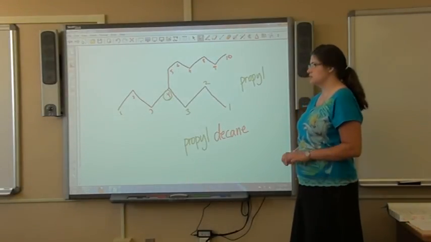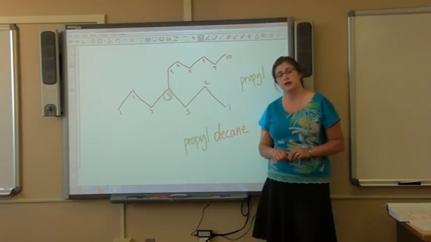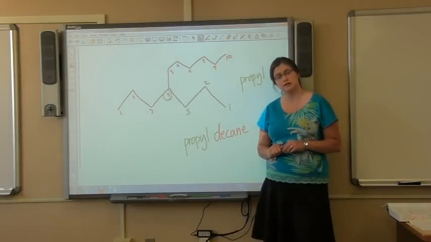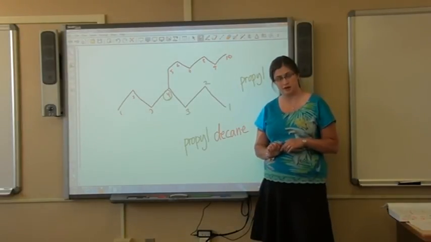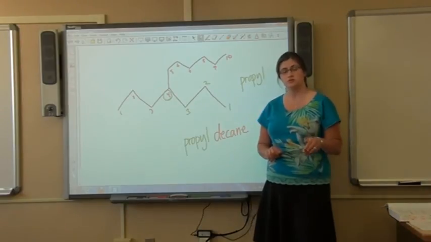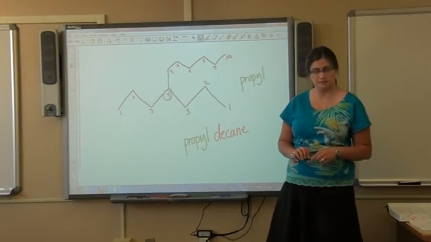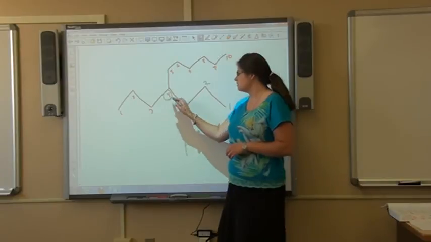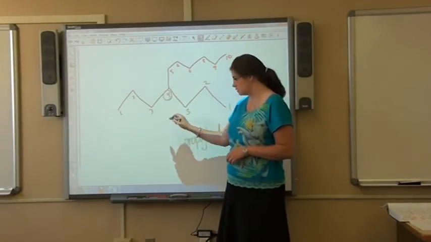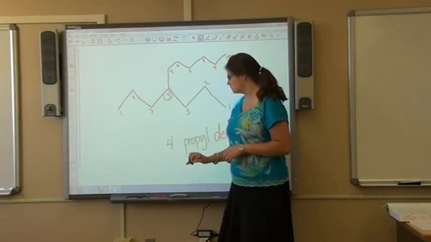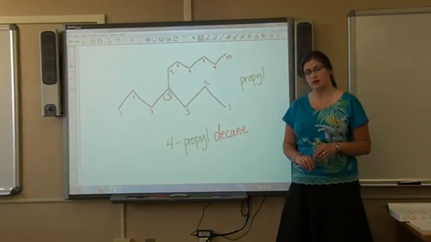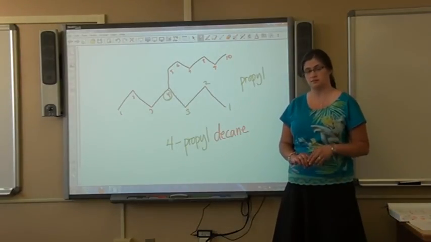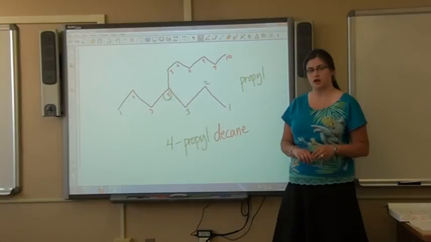And now the only thing that we have to do yet is to identify where that propyl group is sitting exactly in our molecule. So here's where numbering comes into effect. You're going to identify that it's on carbon 4 by putting a 4, then a dash, and then the name. So the name of this particular compound is 4-propyldecane.